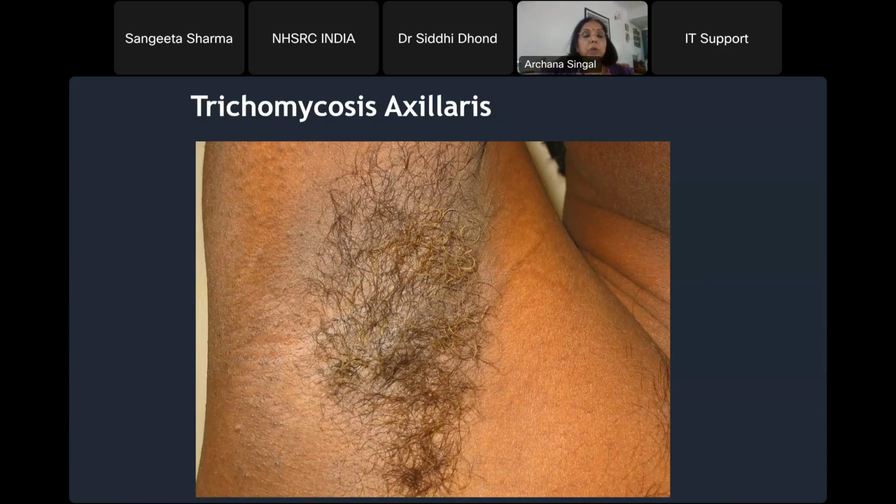They also respond to antibiotic, but I never give them antibiotic. I just tell them to shave off the hair. It's the easiest way because it's a superficial infection limited to the hair follicle. So patient will shave off the hair, the infection is gone, and then can apply topical antibiotic for a few days. Next.